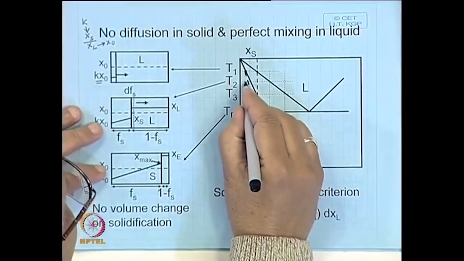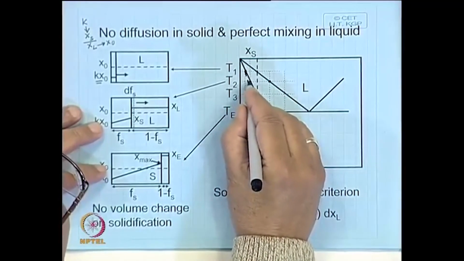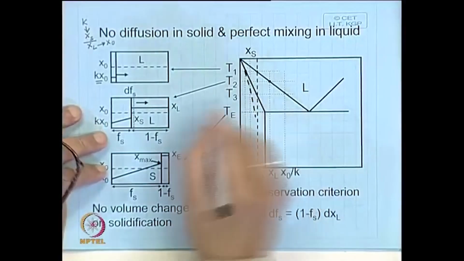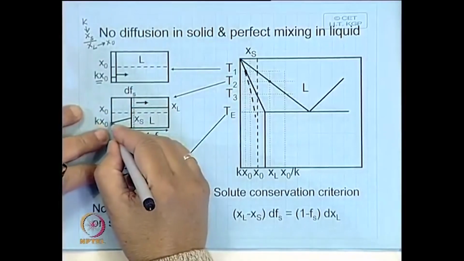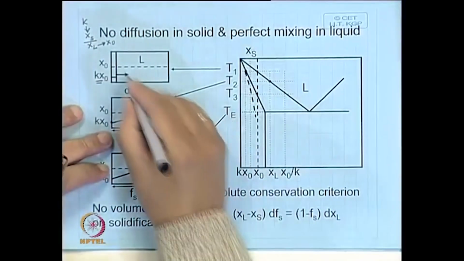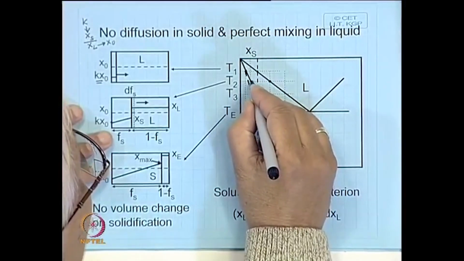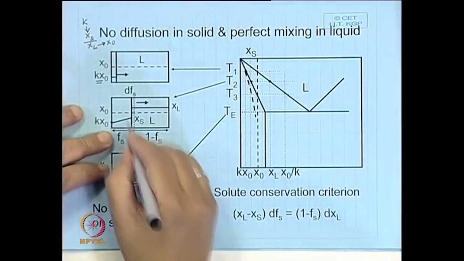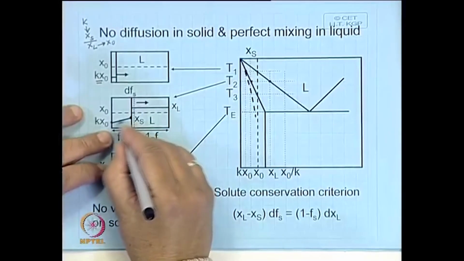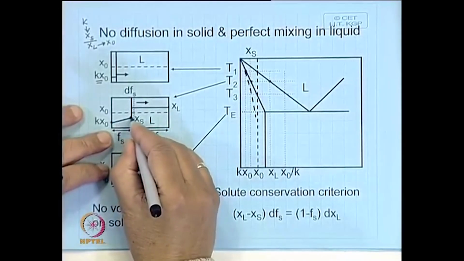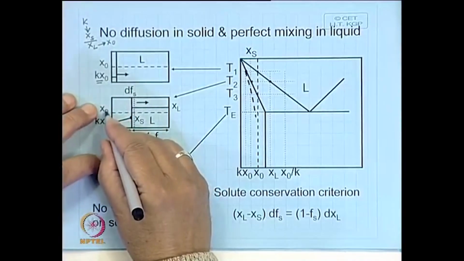So, at intermediate temperature somewhere here, this is the liquid composition, and the solid composition, see initial first layer which solidifies is this, but next one which is just solidifying now will have a composition which is given by this point, x s, and there will be a composition gradient like this, and the liquid composition will shift, will be richer in solute.